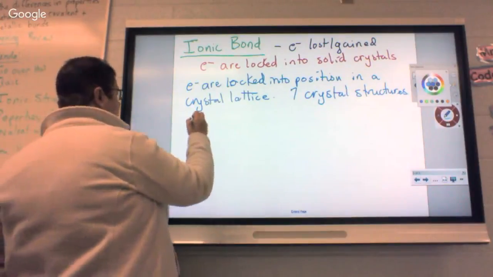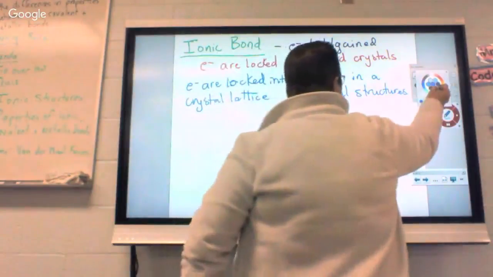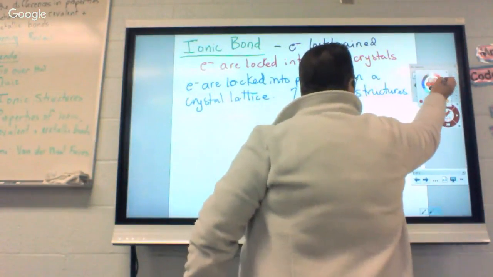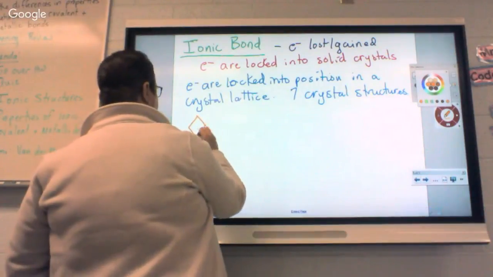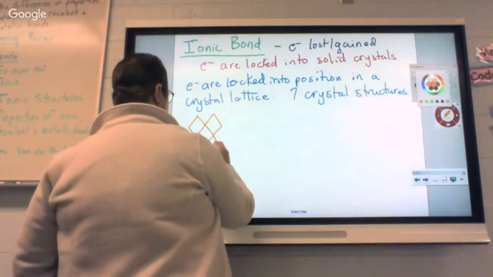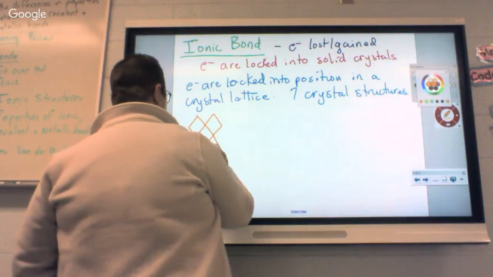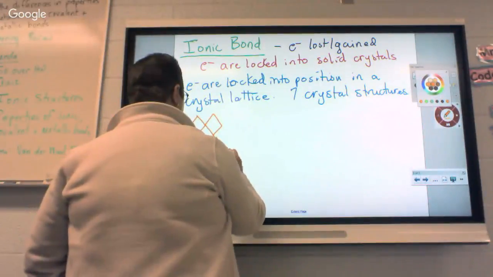Now, let me draw something in a different color here. All right, let's just say that this is our crystal structure. Now, I'm just trying to draw something that's sort of diamond shaped, but I can't draw 3-dimensionally.